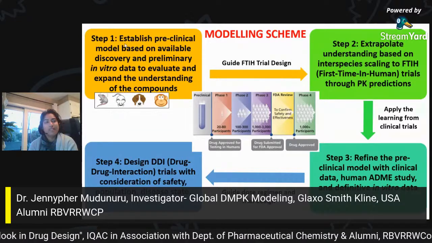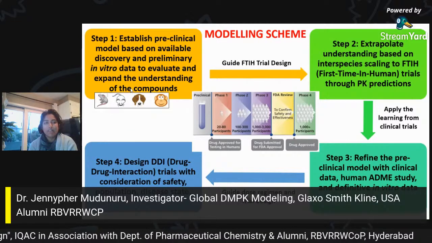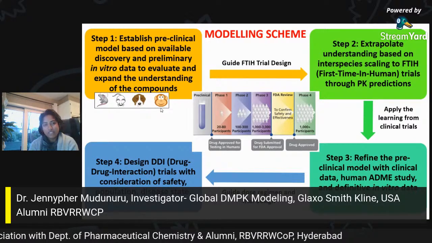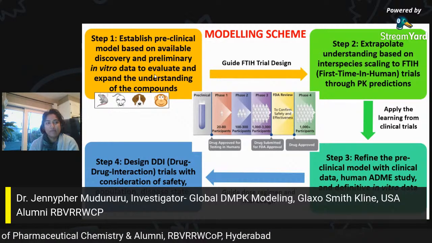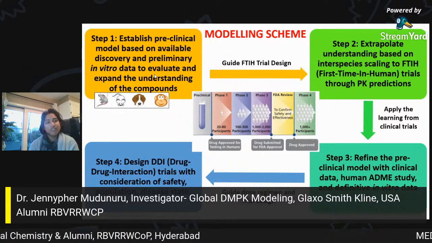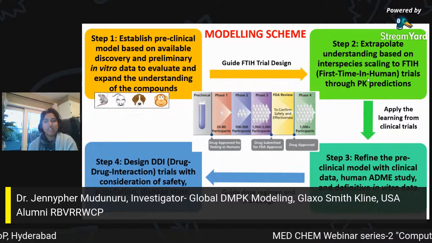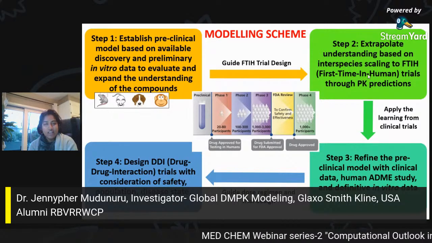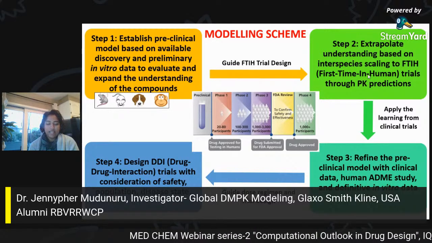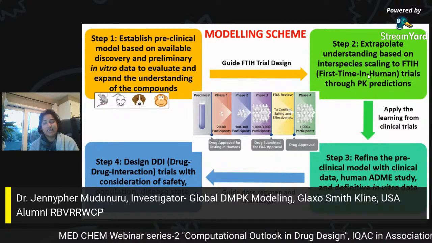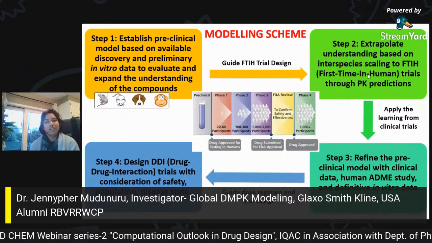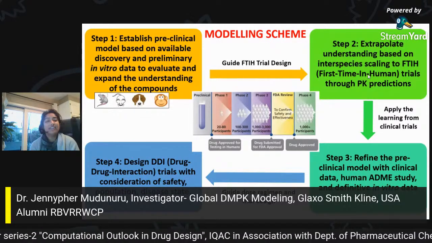Most probably at this stage, the data is coming either from the animal species or from the in vitro data. Then we use all of that understanding to guide the first time in human milestone, which is the first time any human subject gets dosed. It's an important one because you want to get the dose right.